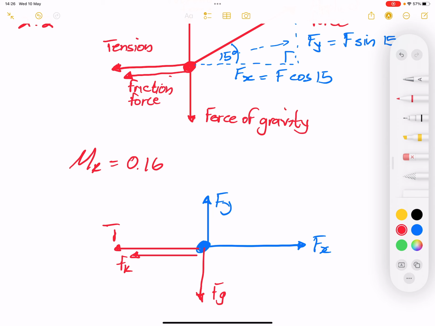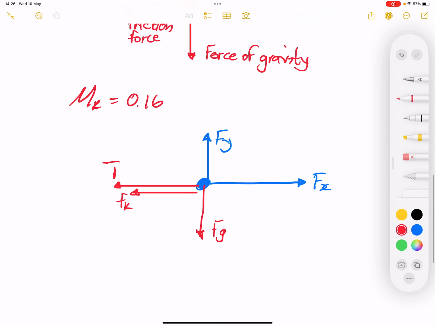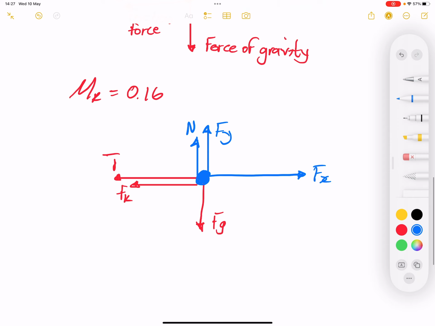Deliberately I'm going through this so that I can show you that we always need to resolve our forces, such that we are left with only vertical forces as well as horizontal forces. Please don't forget, we also have that normal force over there. Now where am I going with this?